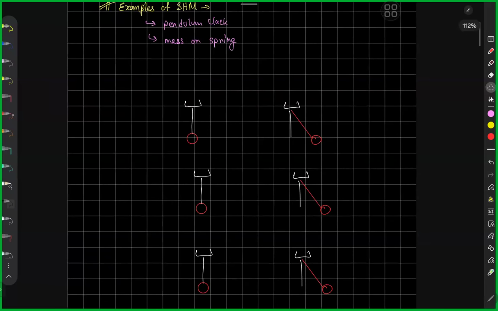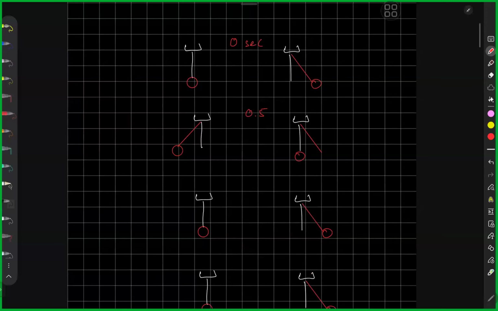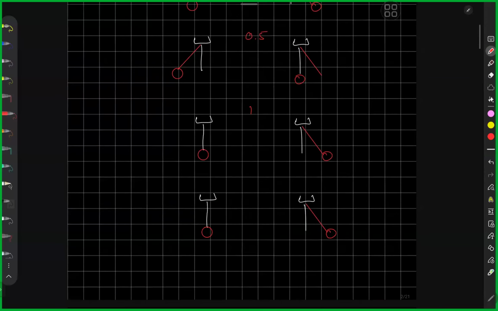In the first 0 seconds, this is the position before the oscillation begins. After 0.5 seconds, the bob comes to this position, and this bob comes to this position.